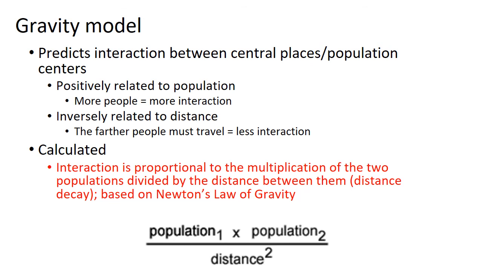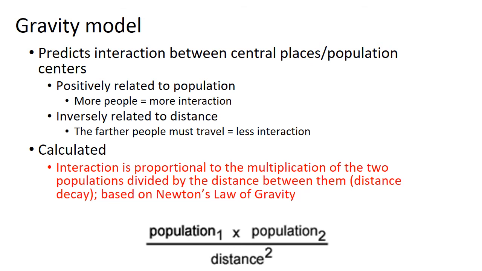So you have population of one city, Los Angeles or whatever, population of another city, New York or whatever, divided by the distance between them, whatever that would be, squared, right? 2,500 miles squared or something. And that's going to give you some raw number that's really only useful if you compare it to some other number that you derive from the gravity model, right? To kind of compare the amount of predicted interactions between two given cities or central places or population centers, all right?